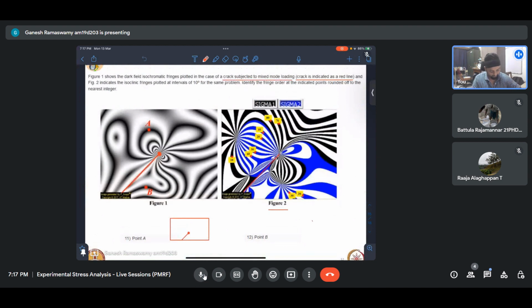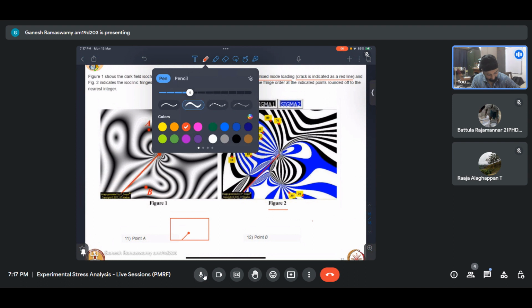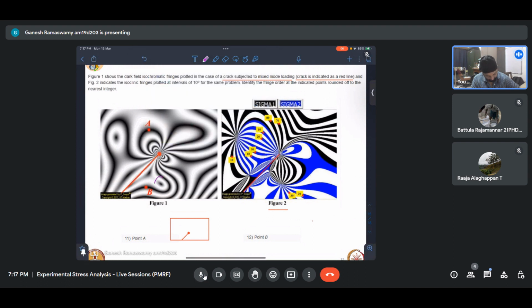Okay. So essentially, if I were to translate, these are the points. I'll highlight them in this color. One is this, the other one is this, and the other one is here.